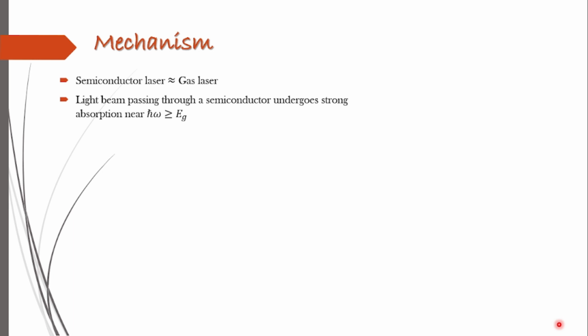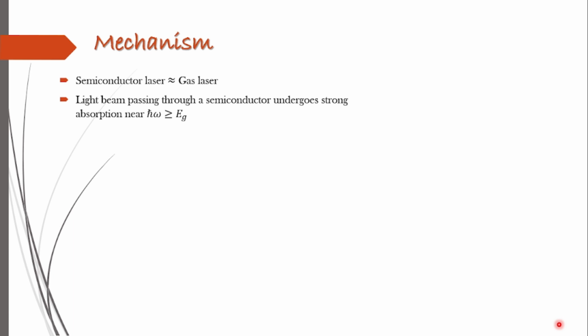That is where the absorption is going to start, that is h cross omega is equal to Eg. So for excitation, the energy of the photon should always be greater than or equal to the band gap, that is, h cross omega should be greater than or equal to Eg. Only in that case can the electron from the ground state get excited to the higher energy state by absorbing the photon.